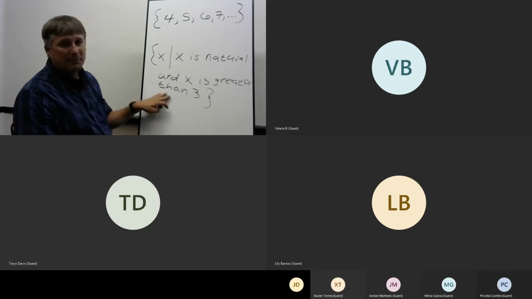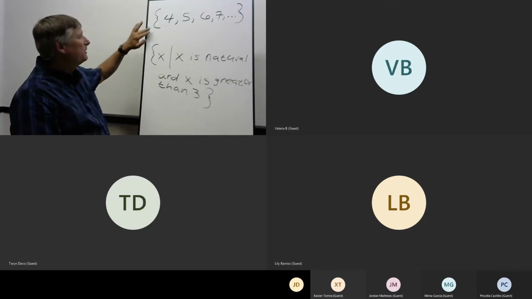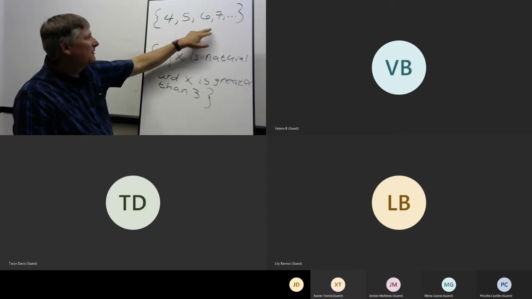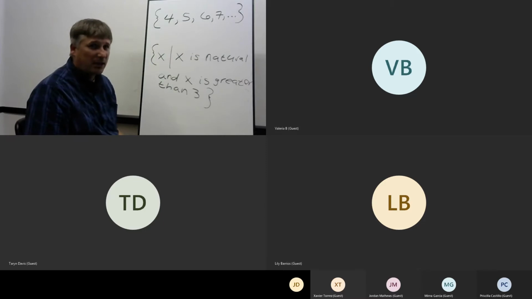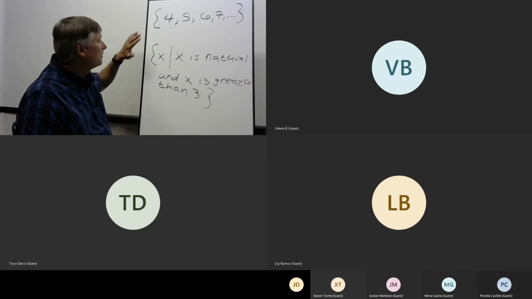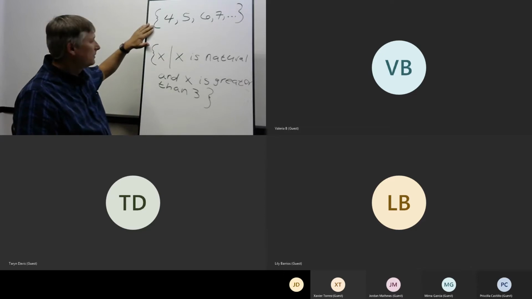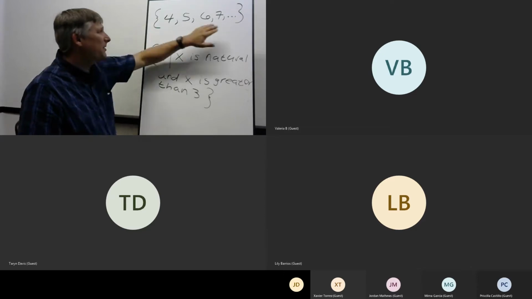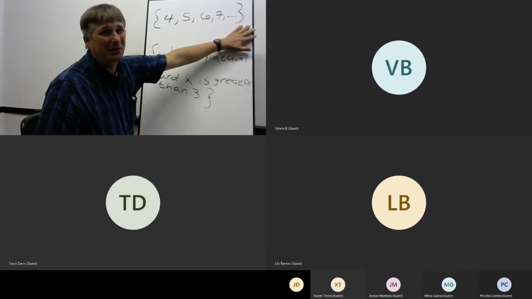Now, the reason this might be better, if we look at a list of numbers, 4, 5, 6, 7, this looks like the pattern we would see if we only want natural numbers bigger than 3. But how do we know that there might not be more to this pattern?